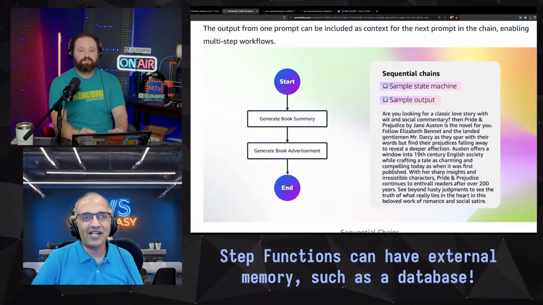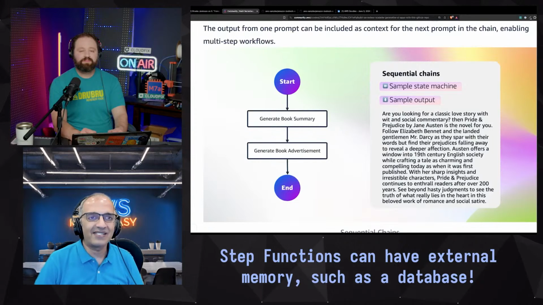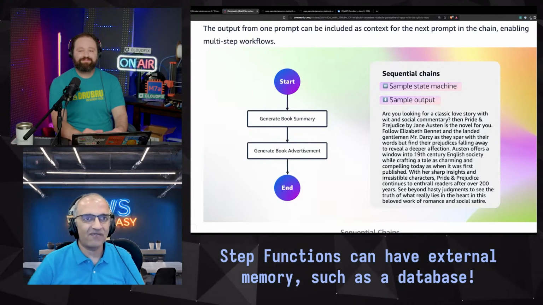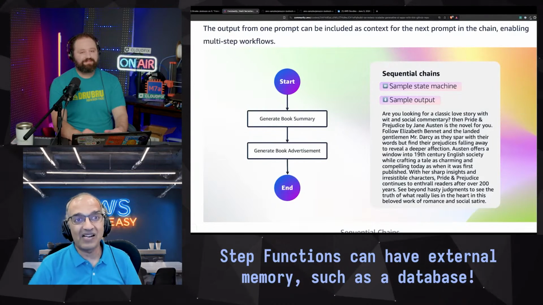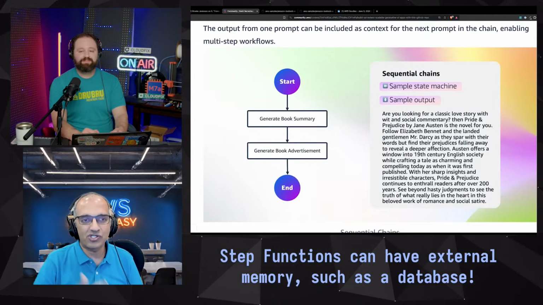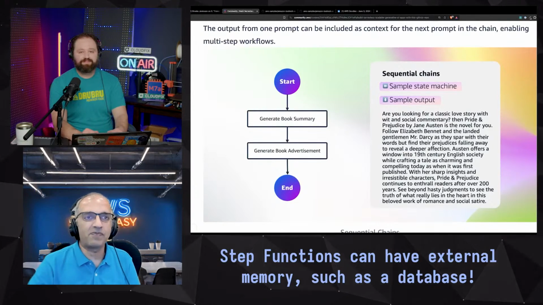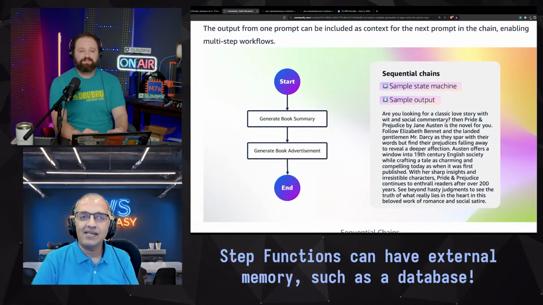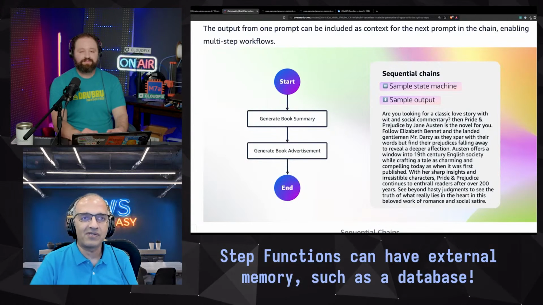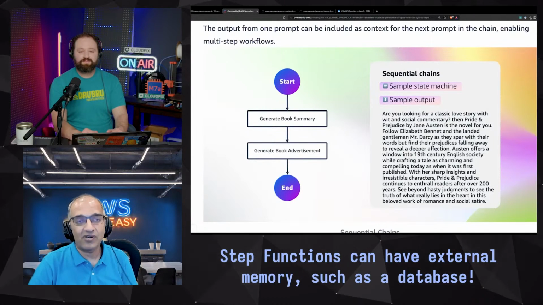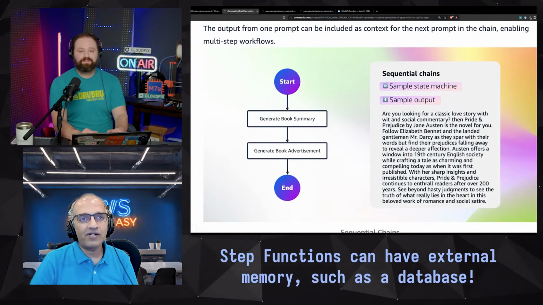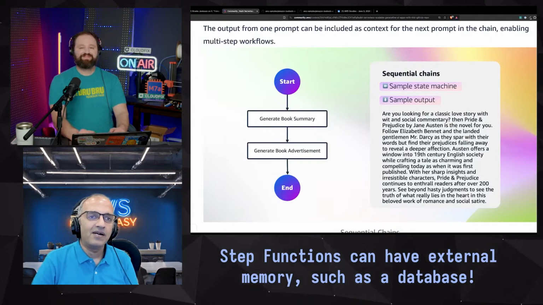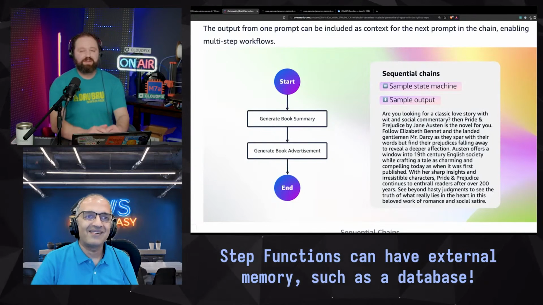For example, you could have a thread that is saved somewhere where you have the entire chain of conversation, if that is what is relevant to making decisions, or you could store the multiple responses from multiple steps in the chain somewhere else with the step function ID or the invocation ID, and you could solve that problem that way. Sounds like a good use for DynamoDB.